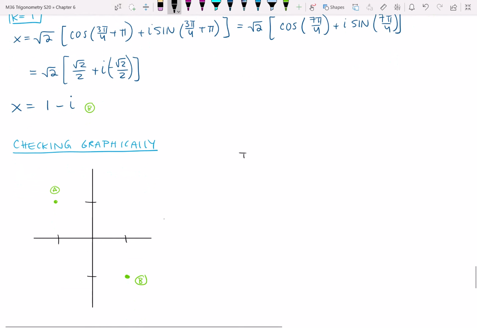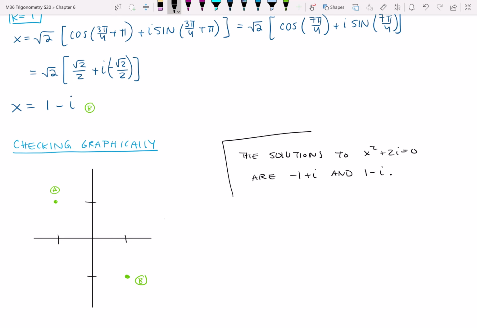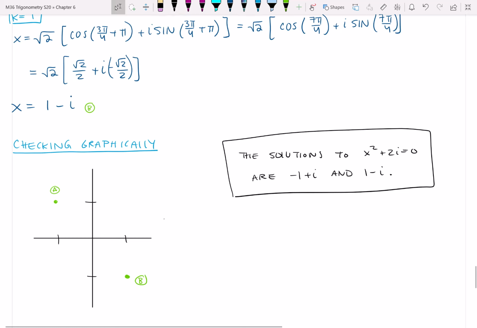The solutions to x squared plus 2I is equal to 0 are negative 1 plus I and 1 minus I. All right, well, thank you for sticking around. That was the end of 6.3.